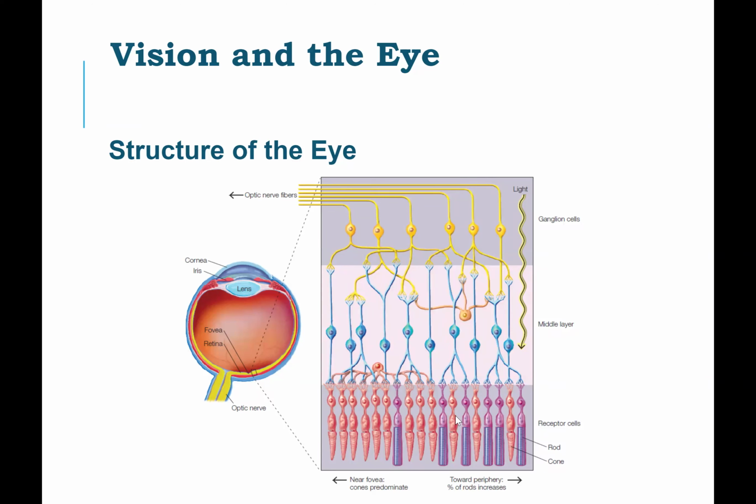So that's about the density of cones and rods and how they behave. Another thing that is interesting about this structure of the eye is that there's a dip here where the fovea is, and they call this the foveal dip. Why would this dip be there? Why would there be a dip at the fovea in the retina?